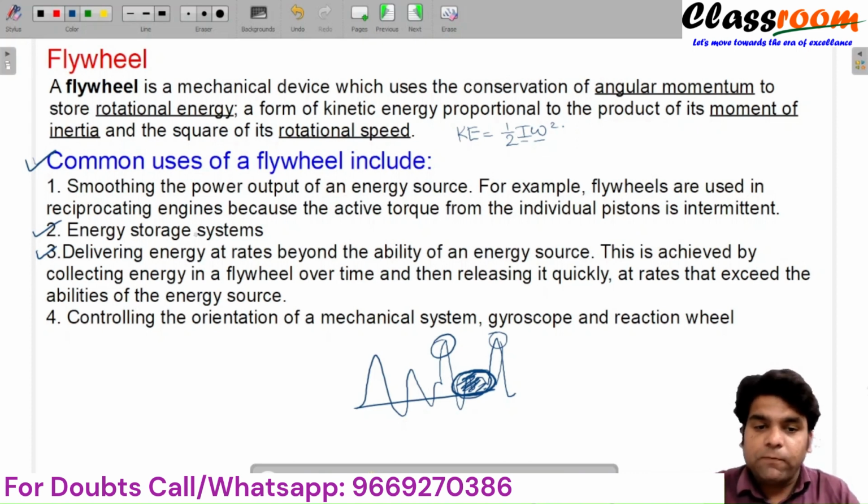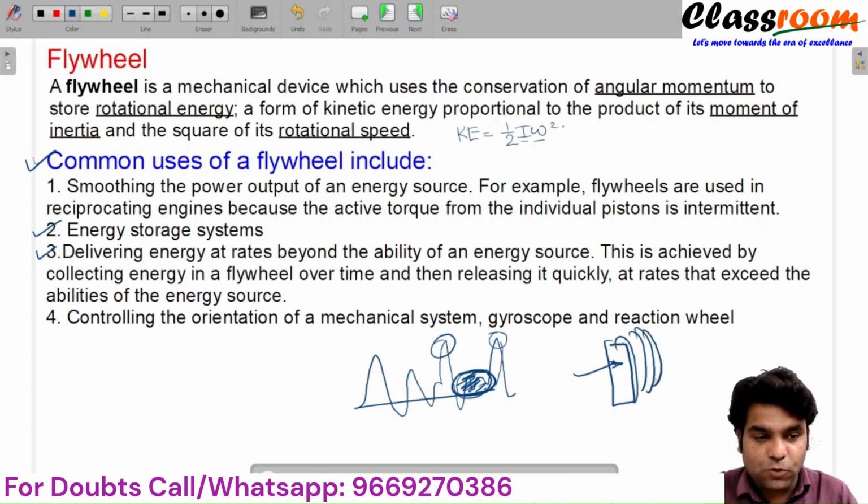So if the energy source does not have a sufficient amount of energy, then the energy is continuously supplied to the flywheel. Flywheel will store it. When an abundant amount of energy is stored in the flywheel, then we suddenly release this energy to the system at which we want to perform the desired work.